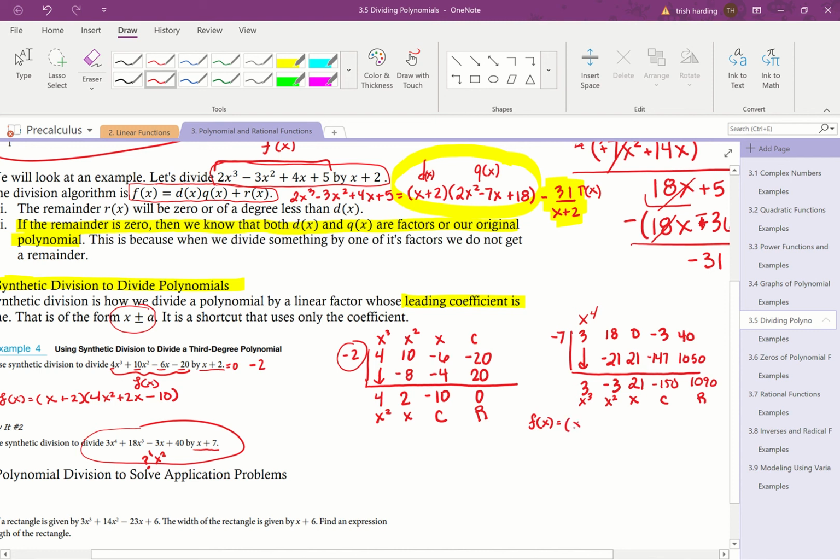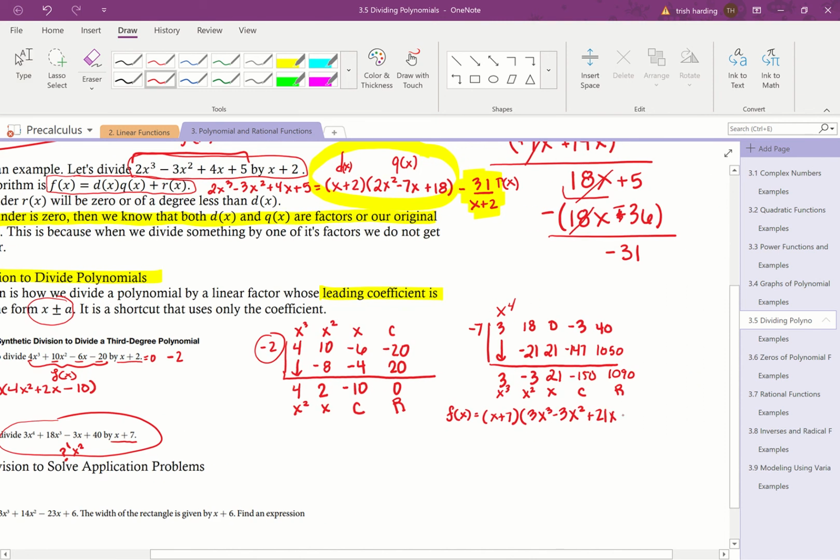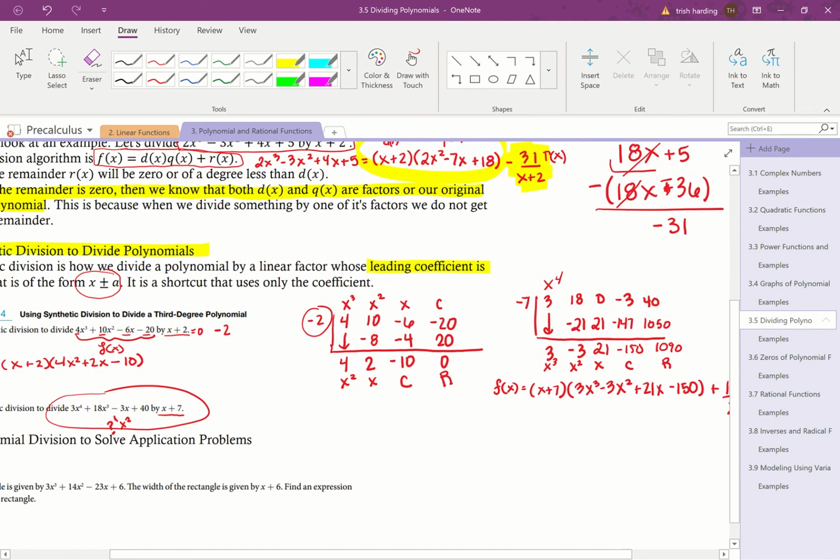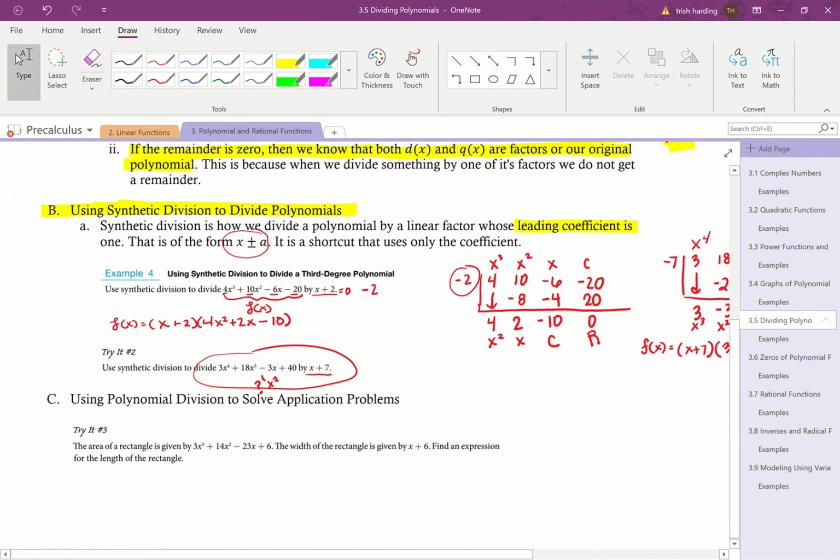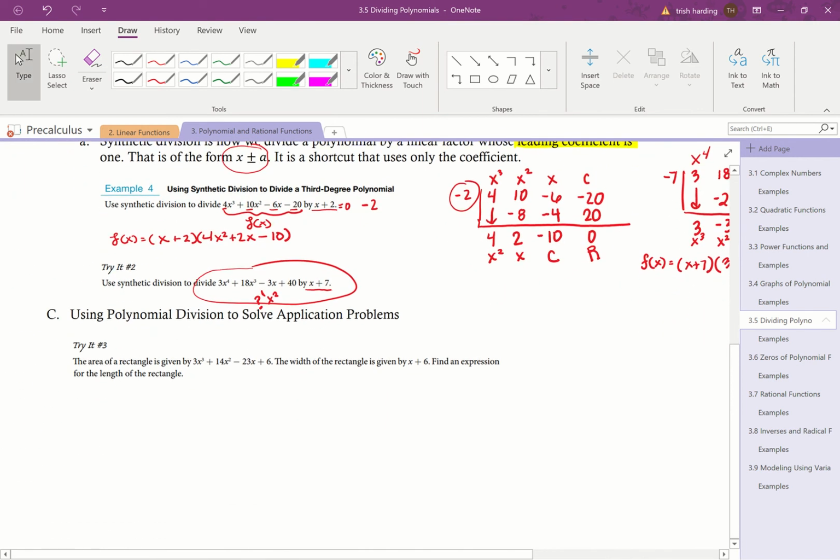So it will be x plus 7 times 3x cubed minus 3x squared plus 21x minus 150, plus 1090 over x plus 7. So now we can use this to solve problems.